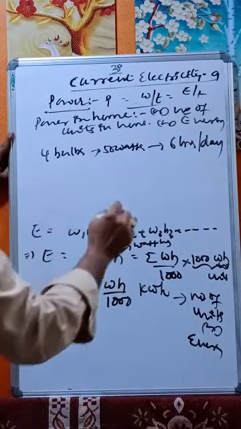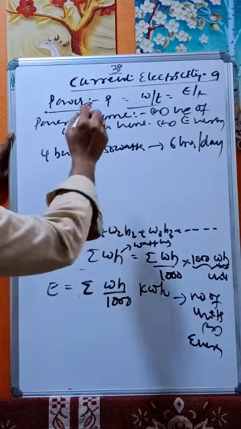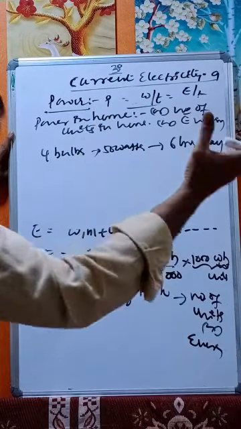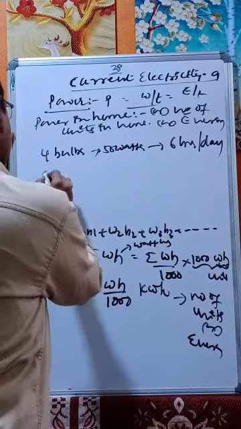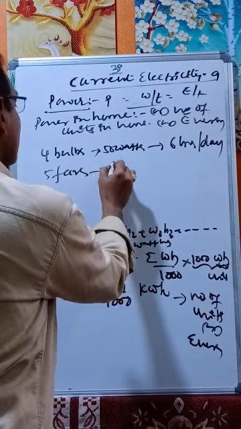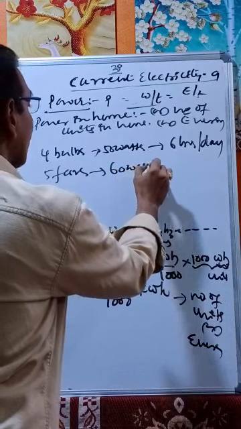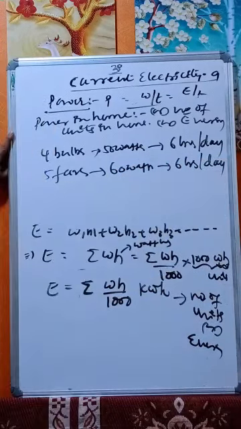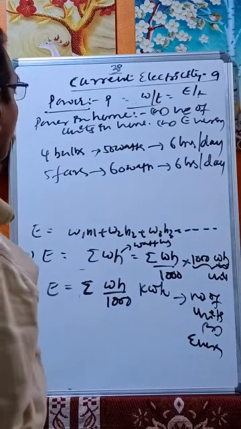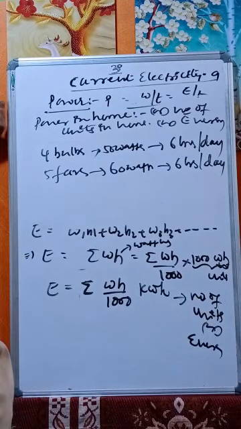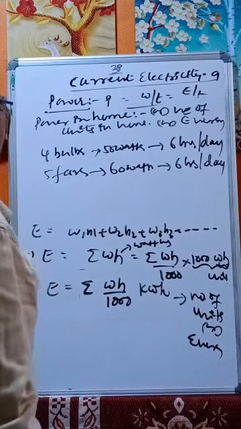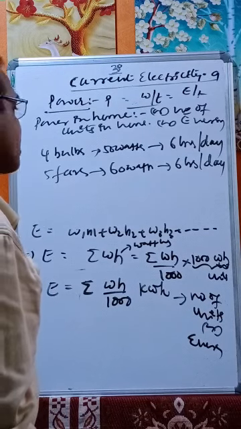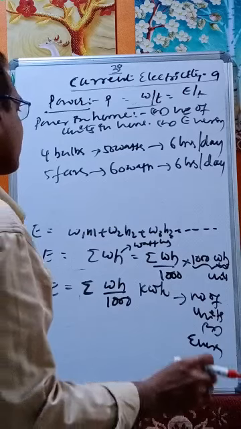And let us take some number of fans. Let us take 5 fans, each of wattage 60 watts, operated for 6 hours per day.